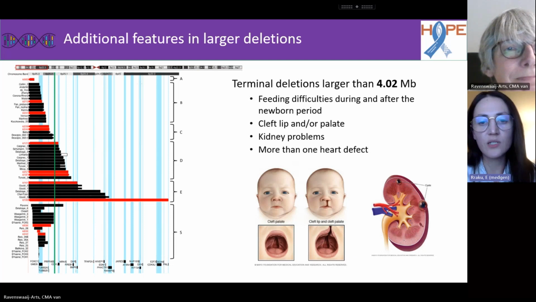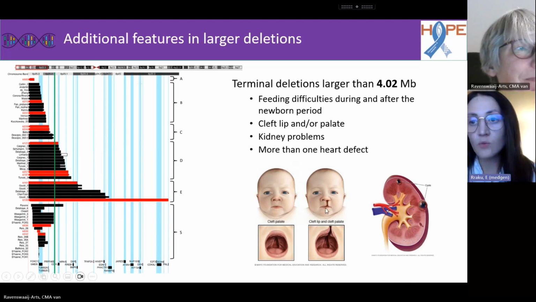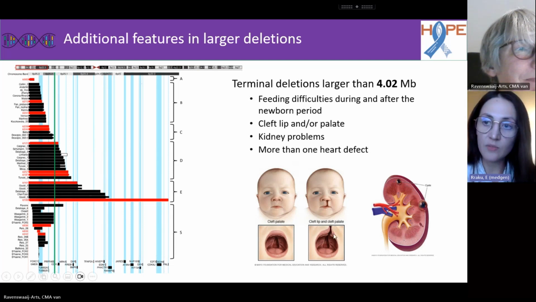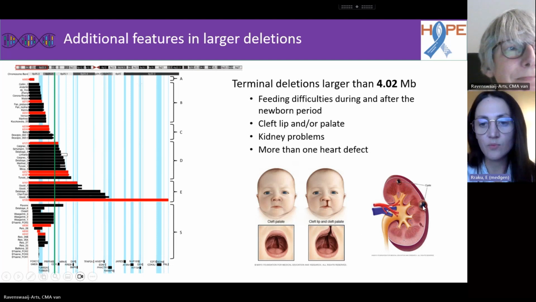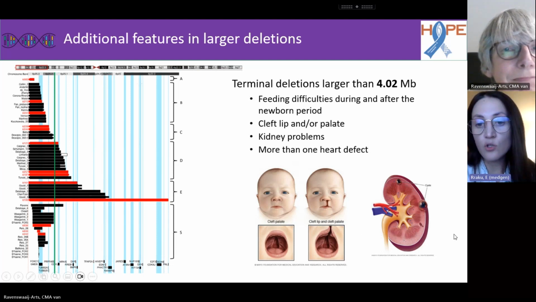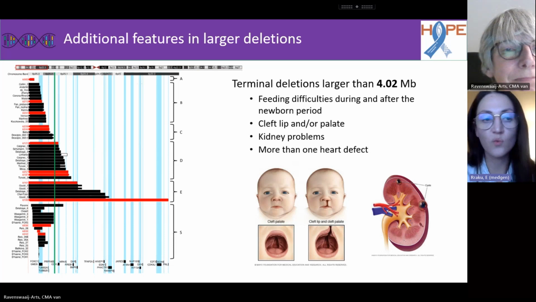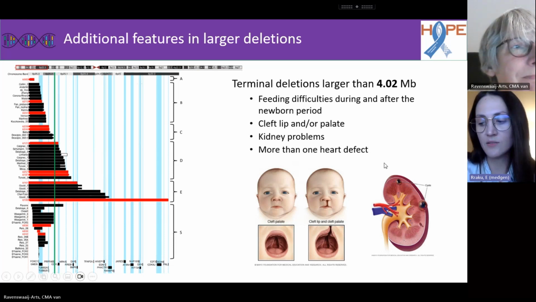And these features included feeding difficulties that persisted after the newborn period, a cleft lip or cleft lip and palate, which is a split in the lip and or palate, kidney problems, mostly kidney cysts or an underdeveloped kidney. And what we also saw is that individuals with larger deletions, if they had a heart defect, then they had more than one heart defect or more severe heart defects, which we call complex heart defects.